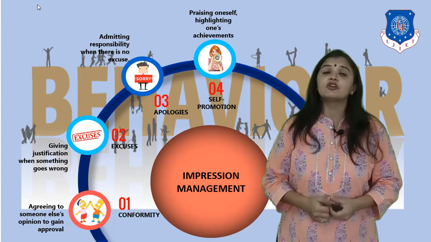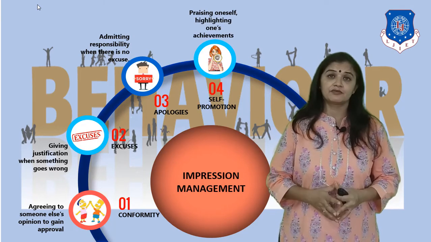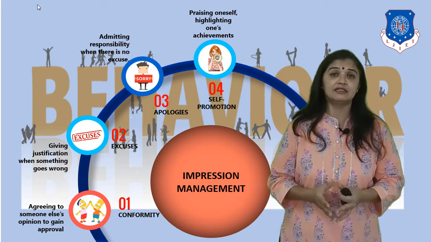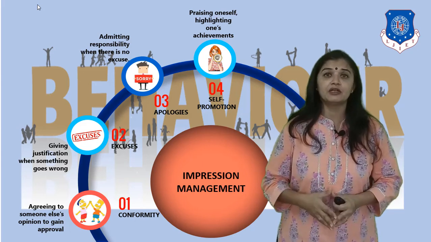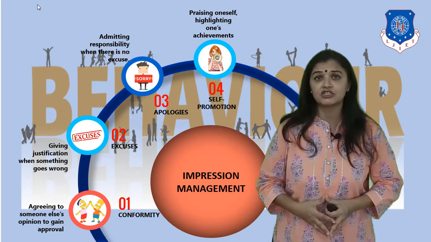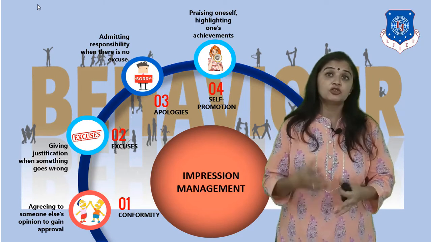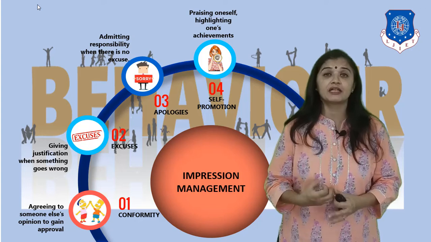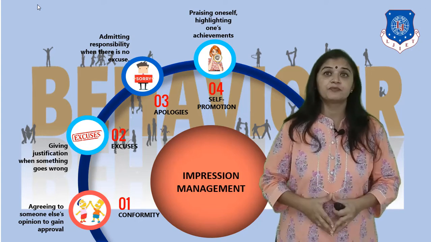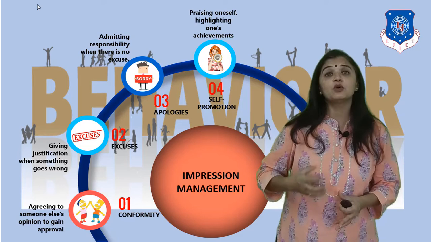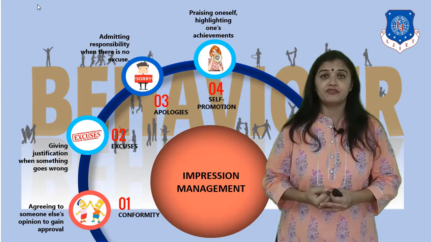The fourth method of impression management is self-promotion. This is a highly prevalent technique which is used by most people inside and outside the organizations. People even use this technique within families to show how perfect they are. Self-promotion is used by highlighting one's own achievements or by praising oneself.